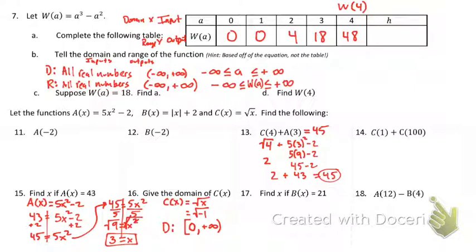It looks like this. 0 to positive infinity. Very similar to what we just wrote here. Okay, so this is your domain. You could write it in this format or this format. Get used to both of them.